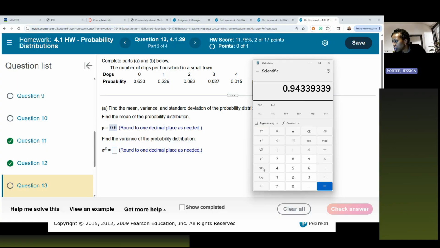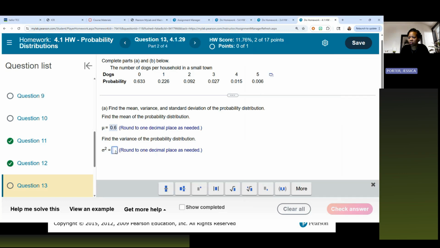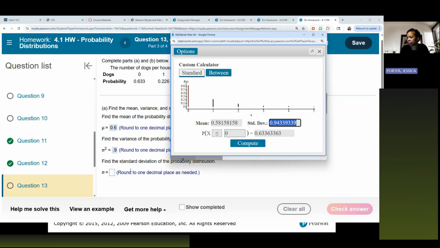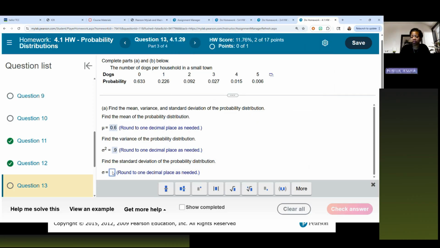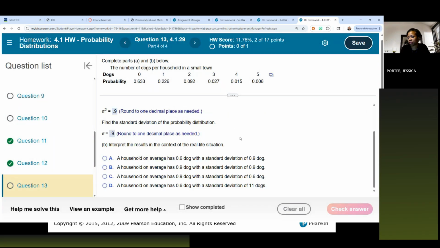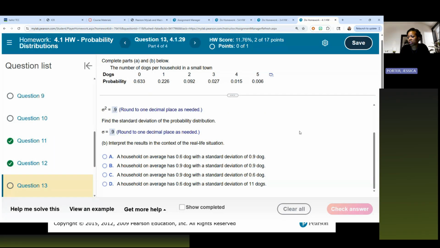So I'm going to just square that number, and it says round to one decimal place. This is the variance, 0.88. So this would be 0.9. And then find the standard deviation. We already had that in our StatCrunch screen. It's 0.9 also. So it's okay if they're the same. Then we interpret the results.